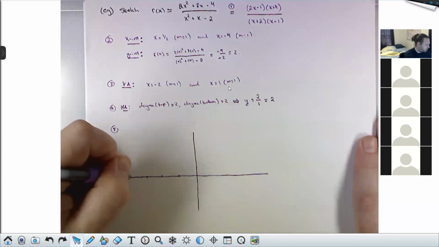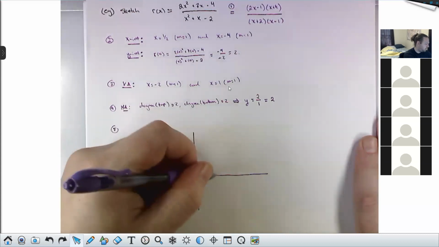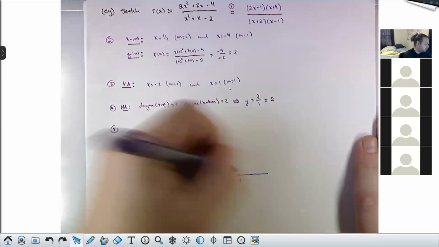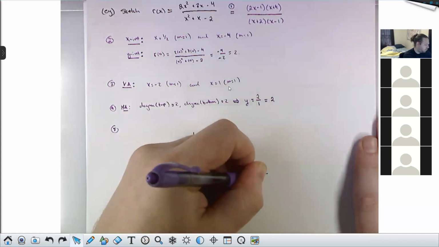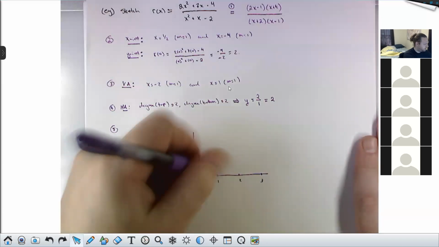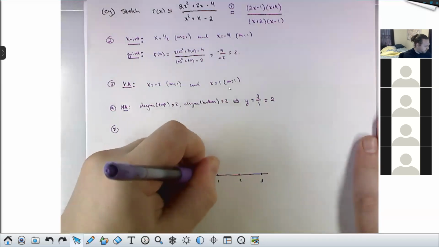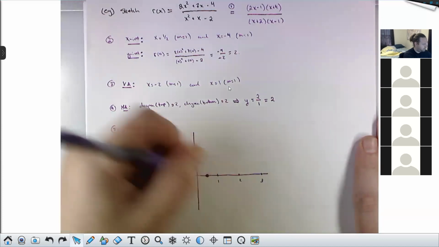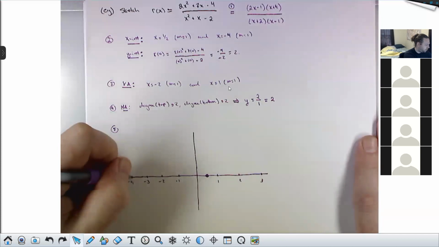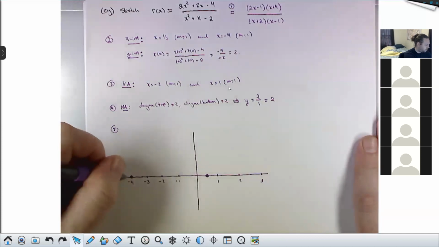So -4, -3, -2, -1, 1, 2, 3, something like this. Here's positive 1/2. I have an x-intercept there. And here's -4. I have an x-intercept over there.